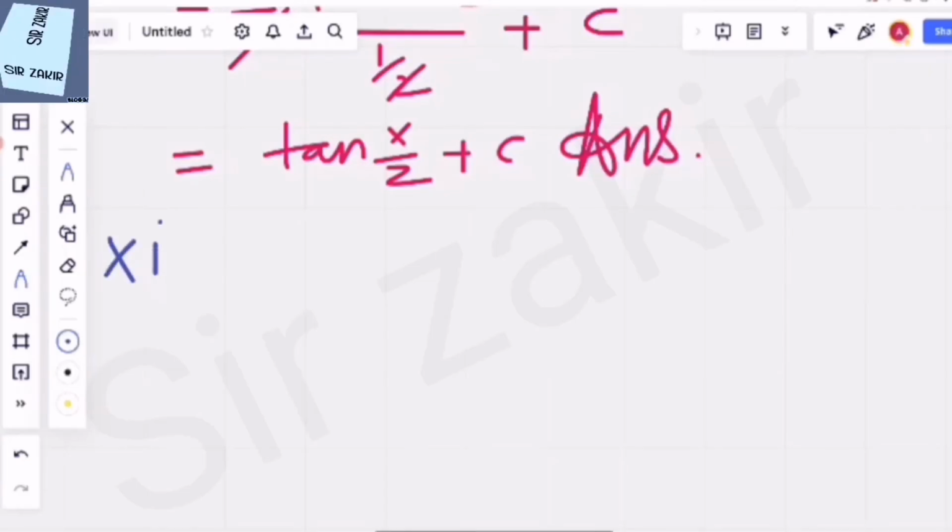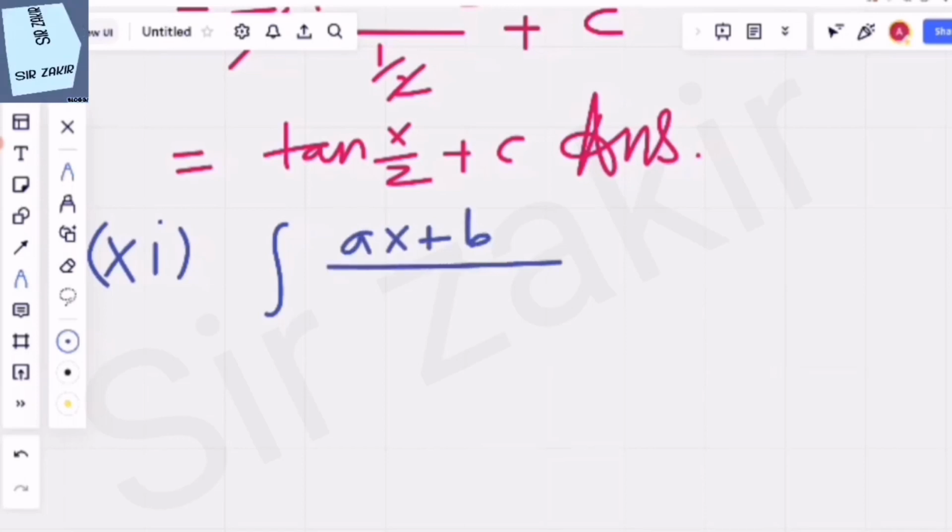Next is part number 11. Integration of ax plus b divided by ax square plus 2bx plus c dx.